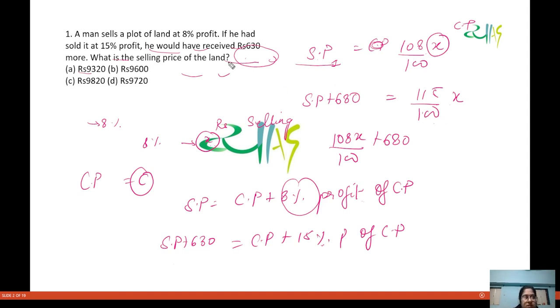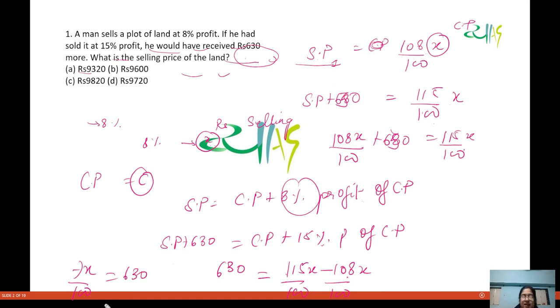This was 630 is equal to 115x divided by 100 minus 108x divided by 100. So now this is 7x into 100 is equal to 630. Fine. So we know 7 nines are 63, so our cost price is 9,000.